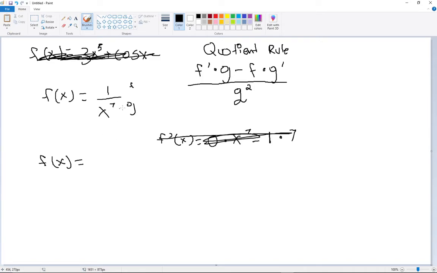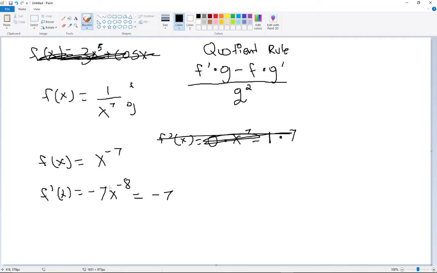Since I don't want the x to the 7 in the bottom, I'll move it to the front, and it will be x to the negative 7. When I take the derivative, it's going to be negative 7x to the power of negative 8.